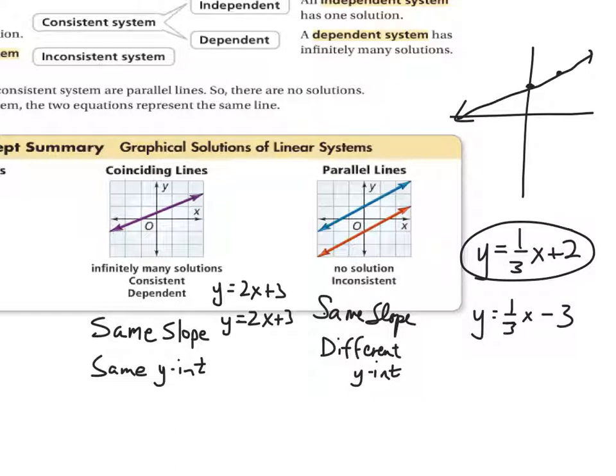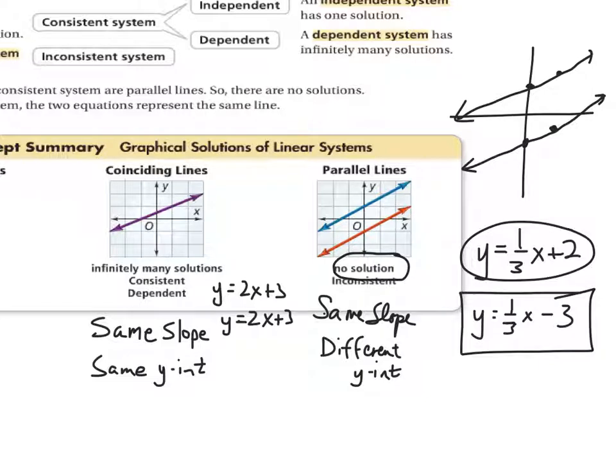Okay, and then on this one, if I quick sketch this, you'd go down 3 and put a dot, and then you'd go up 1 and right 3, and you would end up with two lines that are parallel. Well, if you have two lines that are parallel, they'll never intersect each other. So if they don't intersect, you can't find an answer. So therefore, that's why if they don't intersect at all and they're parallel, there's no solution.